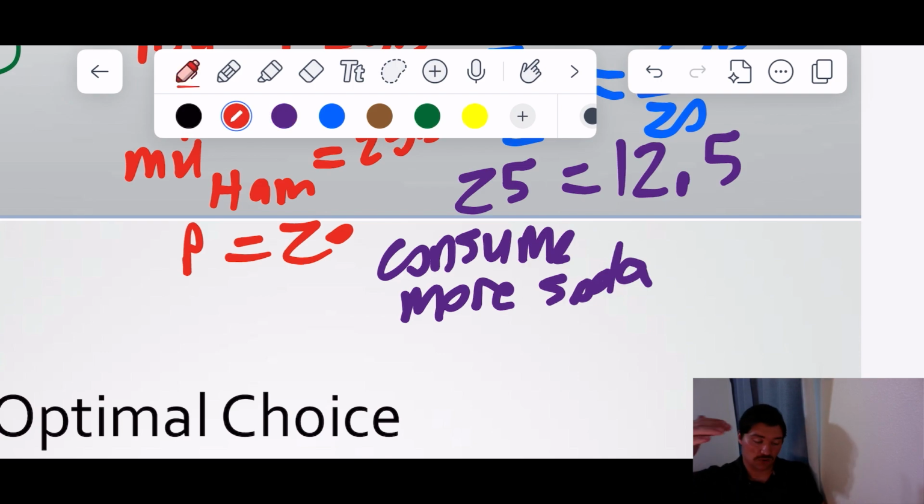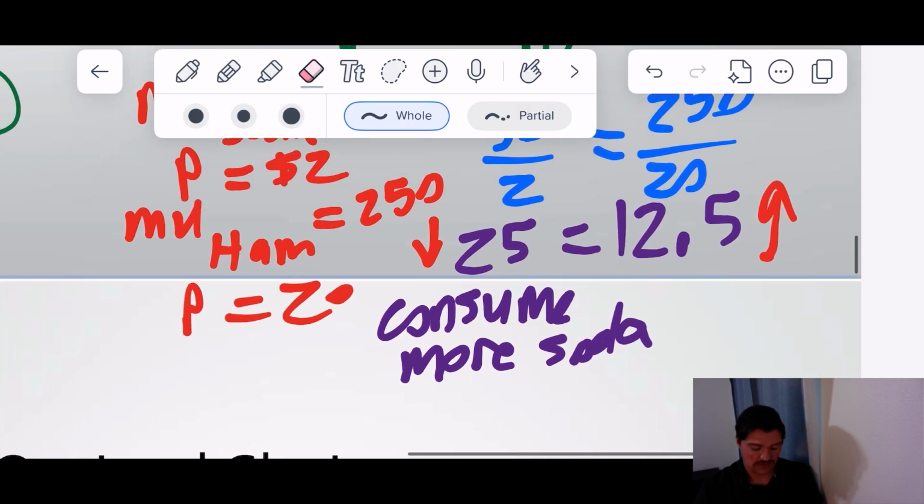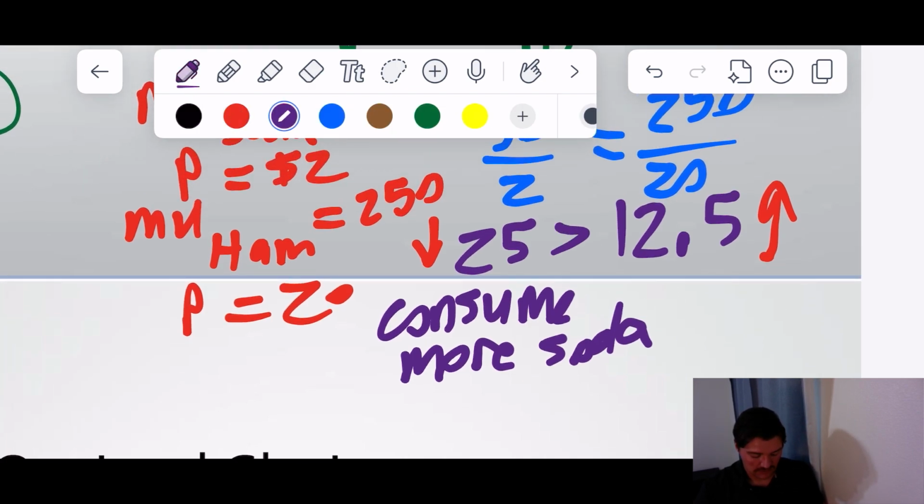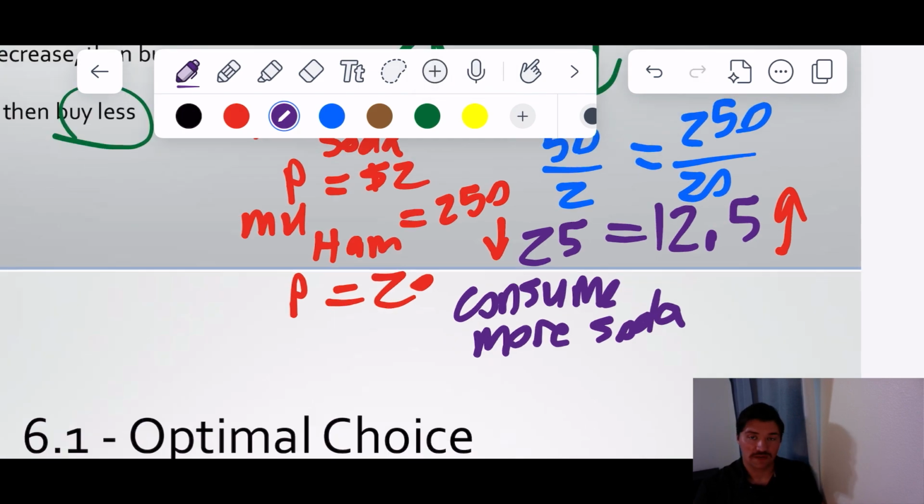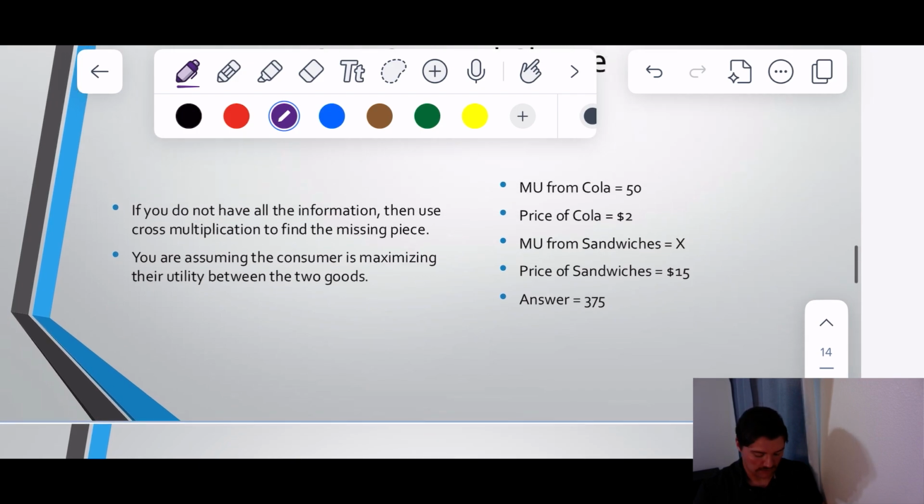And by consuming more soda, this side's going to decrease, or you can consume less ham sandwiches, and this side would increase to where eventually, instead of the soda side being greater, they will be equal. All right. So whichever side's making you happier, consume more of that good.